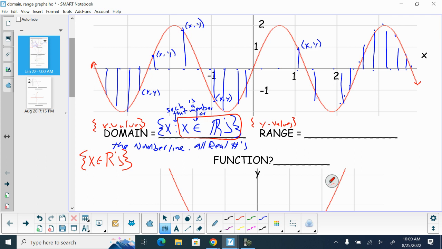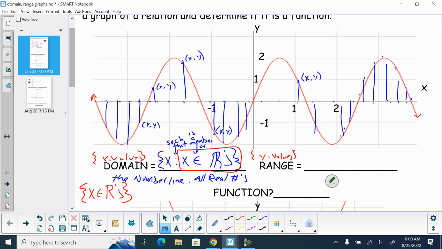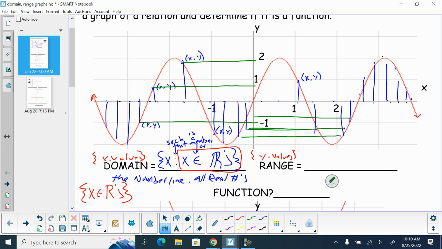All right, just look at the range. With every one of these ordered pairs, we also have a y value. These are your y values. We have all these y values here. We want to describe the y values.